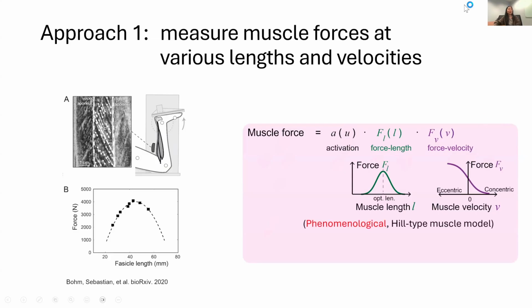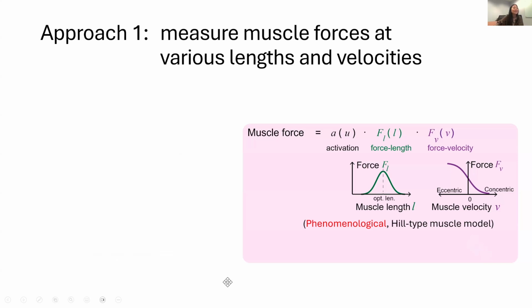This one we would describe as a phenomenological model, and the Hill-type muscle model is a type of phenomenological muscle model.